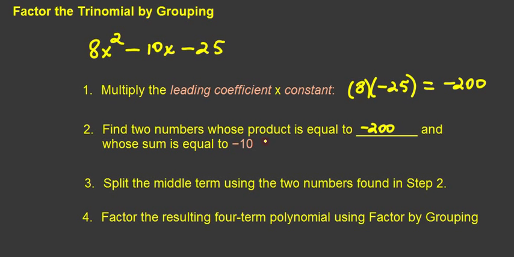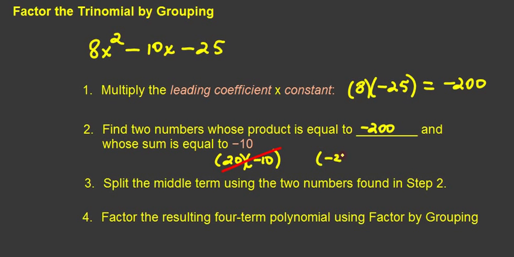So you find two numbers whose product is equal to a negative 200 and whose sum is equal to a negative 10. And you just go through and, well, 200, we can multiply, let's say 20 times a negative 10. 20 times negative 10 is negative 200, but they don't add up to a negative 10. So we scratch that one and we just switch them though.